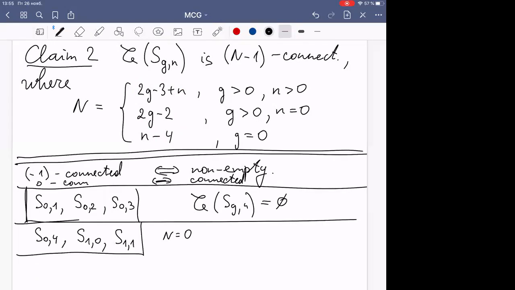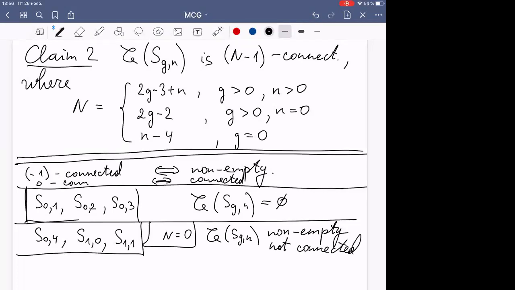And so our complex is non-empty, but not connected. Actually, the claim doesn't say that it is not connected.